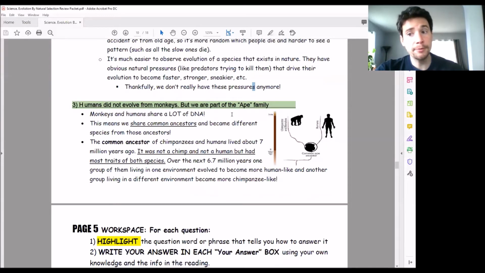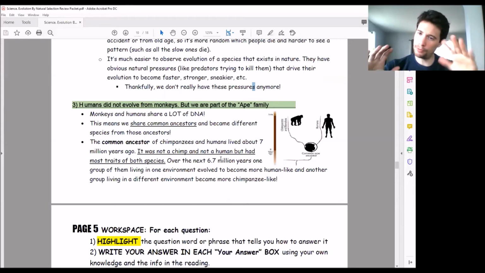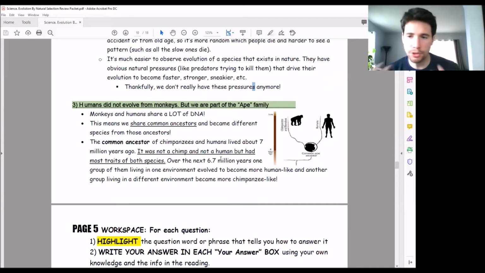We are part of the ape family, and other apes and other monkeys are sort of like cousins of us. In the bigger sense of the animal kingdom, we're very similar compared to other animals like worms and things. You are obviously much more similar to a chimpanzee than you are to a worm.